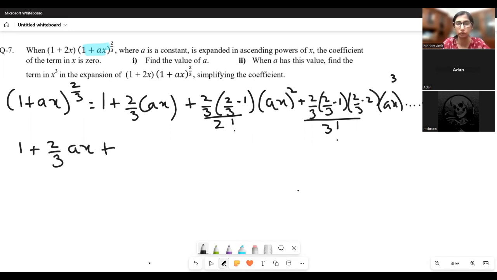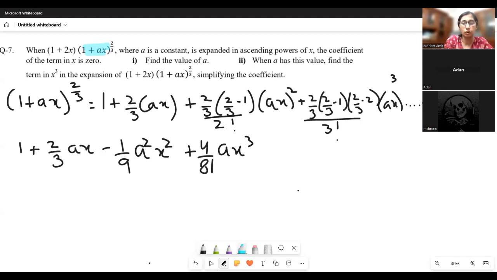So might as well just do it here. 2 by 3 times (2 by 3 minus 1) divided by 2 factorial, that is minus 1 by 9, a square x square, and then 2 by 3 times (2 by 3 minus 1) times (2 by 3 minus 2) divided by 3 factorial, which is 4 by 81, and then it's ax cubed with that.